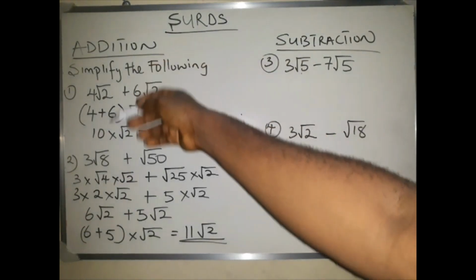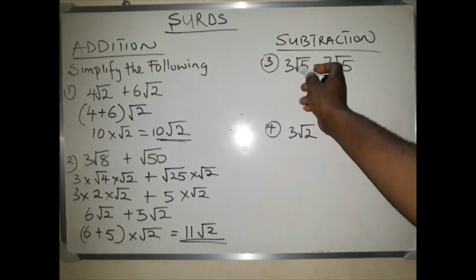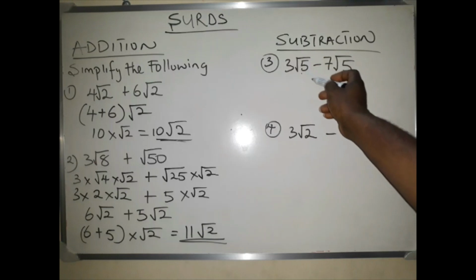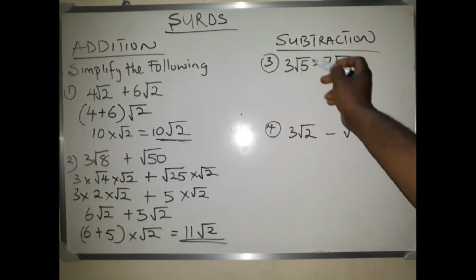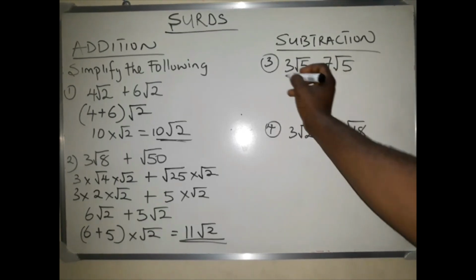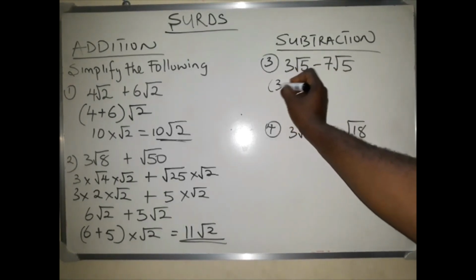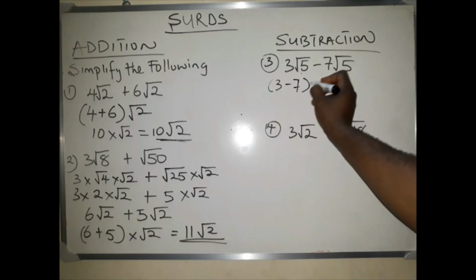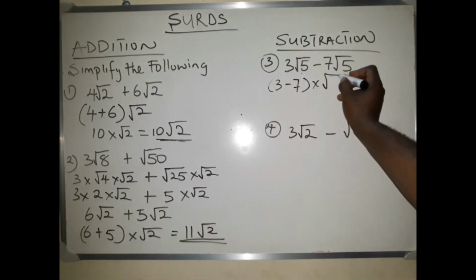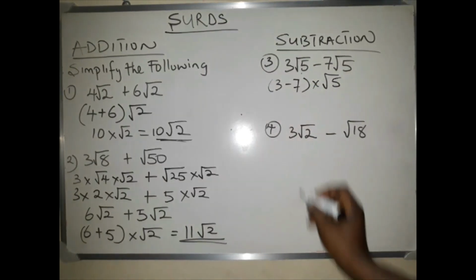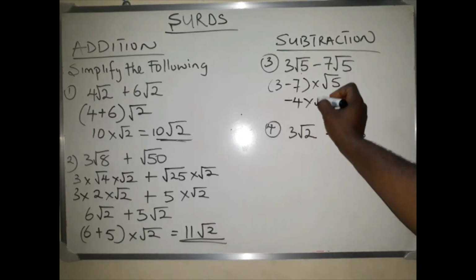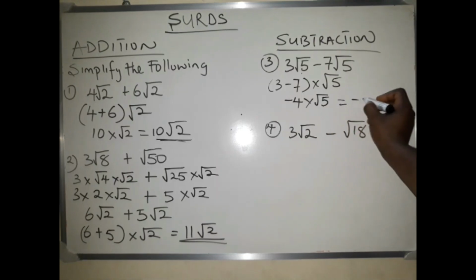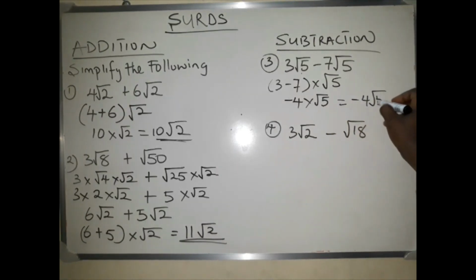In addition, you add the whole numbers, but in subtraction, once you have simplified and they are now like surds, you subtract the whole numbers and then multiply by one of the surds. So in this case, we have in brackets 3 minus 7 times root 5. 3 minus 7 will give you minus 4 times root 5, which will give us minus 4 root 5. That's the answer.